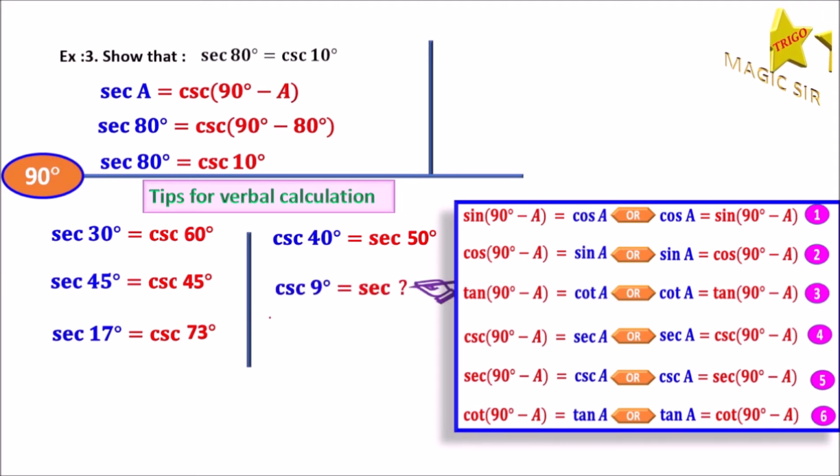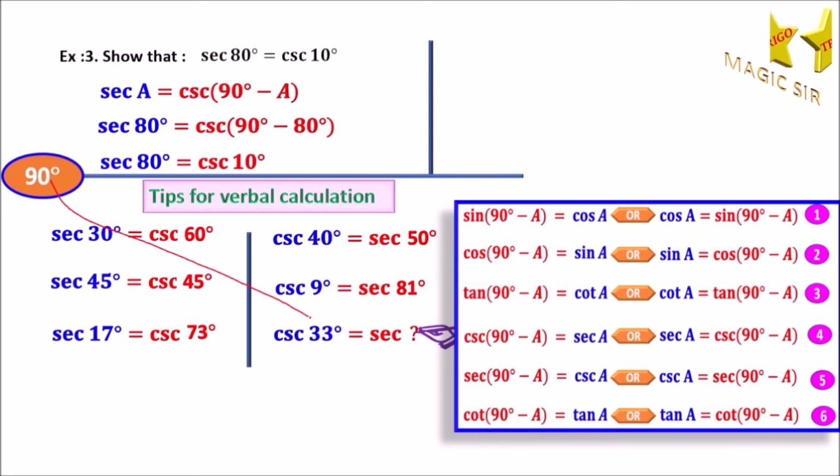Cosec 9 degrees is equal to sec of 90 degrees minus 9 degrees, which is sec 81 degrees. Cosec 33 degrees is equal to sec of 90 degrees minus 33 degrees, which is sec 57 degrees.